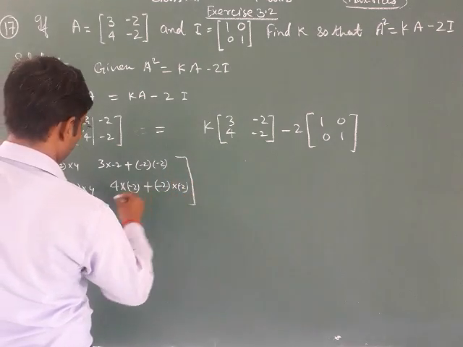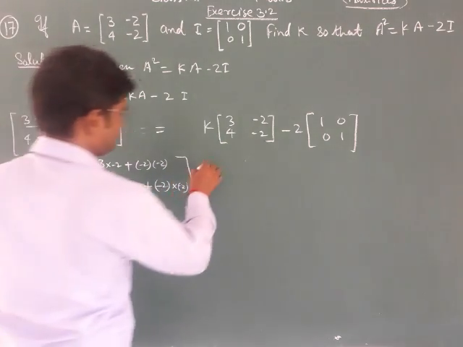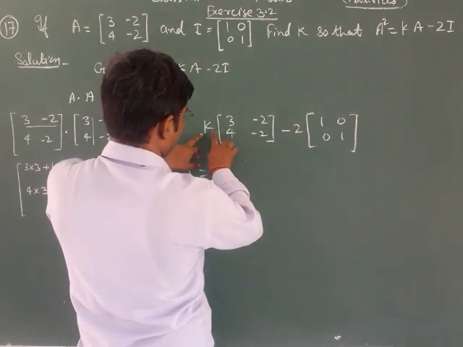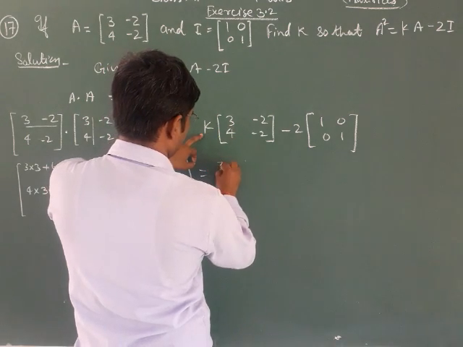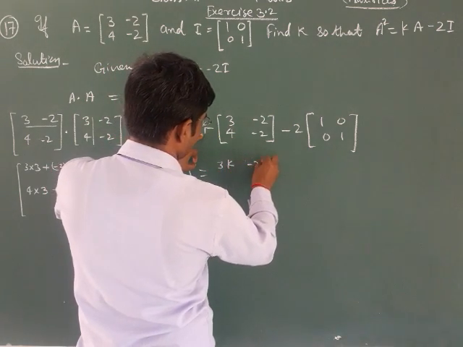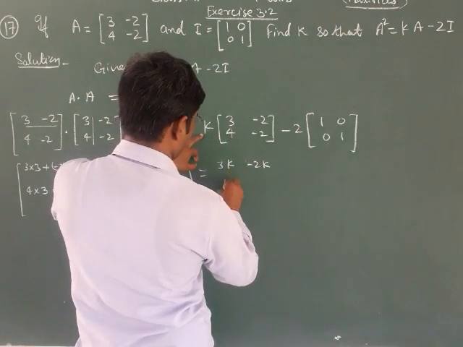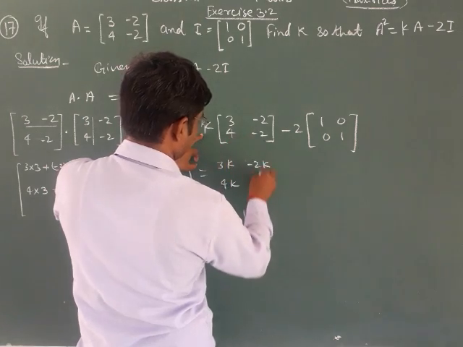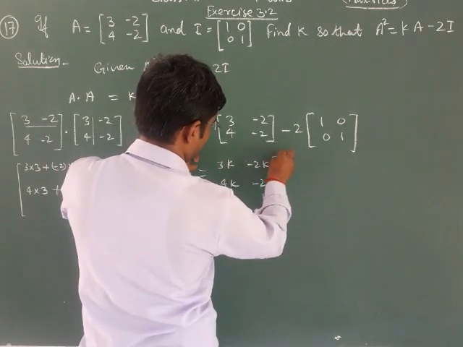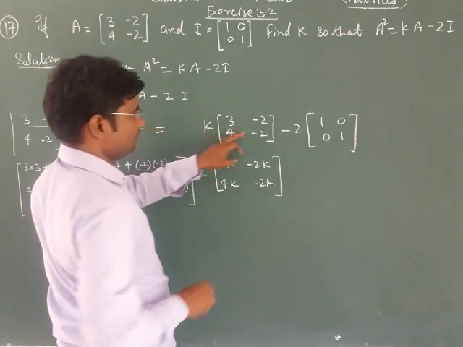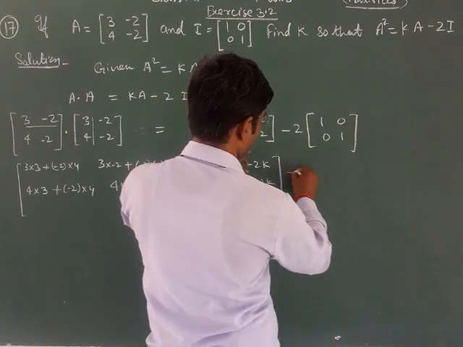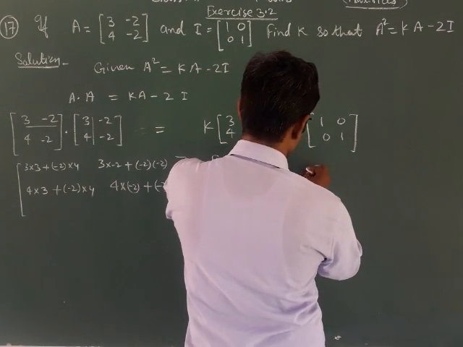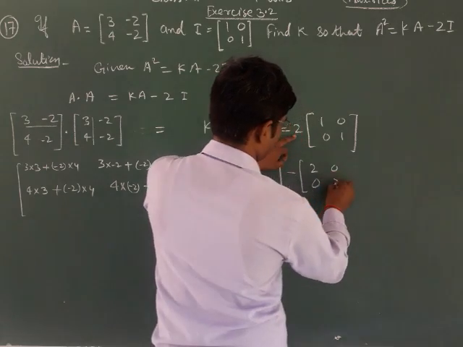So this is the matrix, and also multiply this: k times the matrix gives 3k, minus 2k, and 4k, minus 2k. So k multiplies each corresponding element. Minus 2I gives 2, 0, 0, 2.